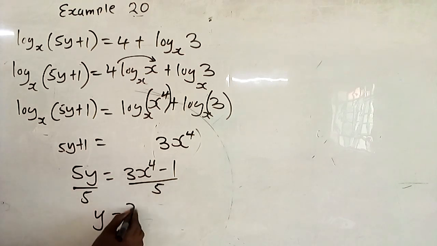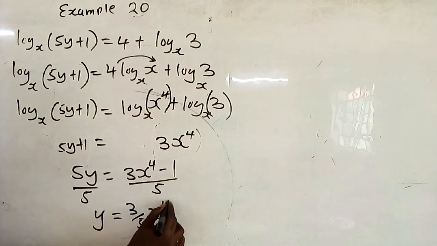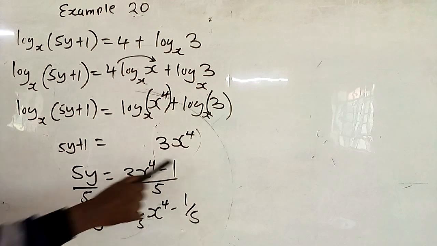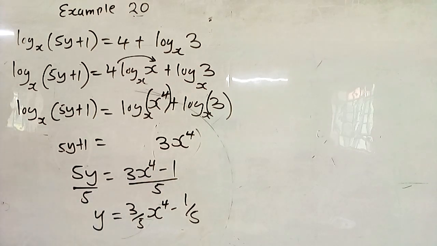So you end up with 3 over 5 x raised to power 4 minus 1 over 5. 5 is the common denominator, isn't it? And you have solved that problem. You have actually found y in terms of x, and your answer is not in a format involving logarithms, isn't it? Good. So that is how to handle such a case.